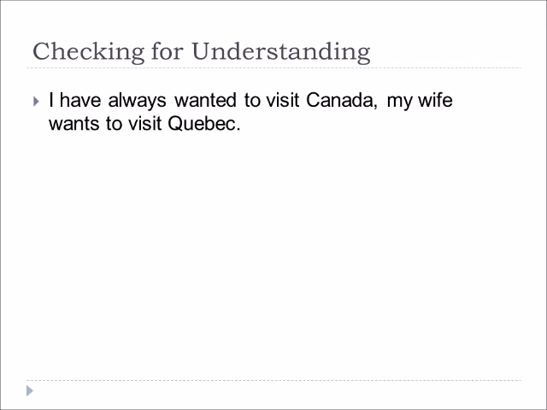We could add a coordinating conjunction: I have always wanted to visit Canada, and my wife wants to visit Quebec. That would work. Or we can turn the comma into a semicolon: I have always wanted to visit Canada; my wife wants to visit Quebec.